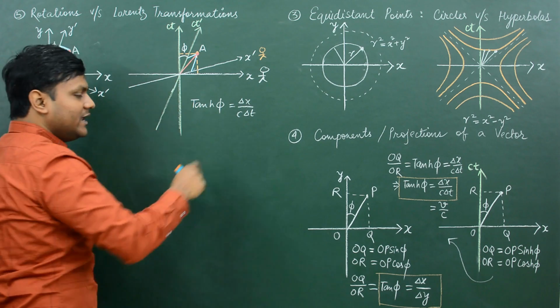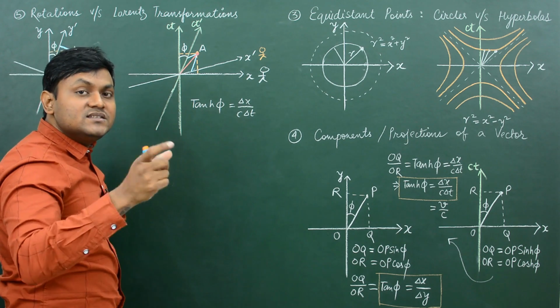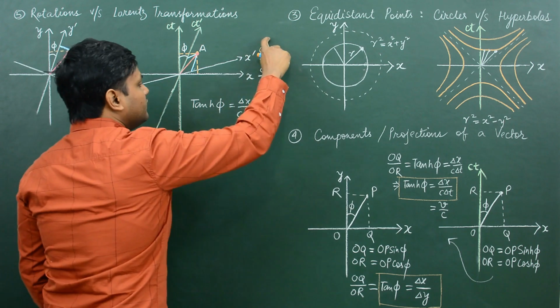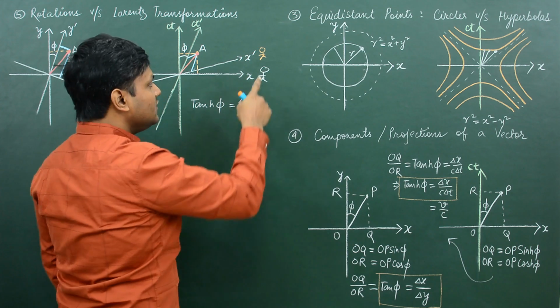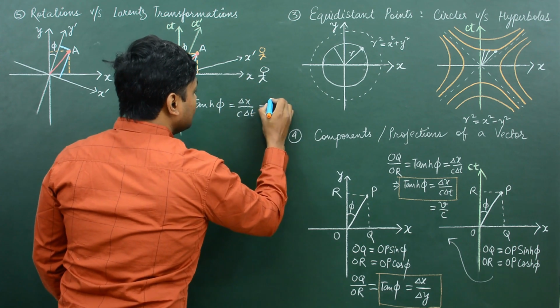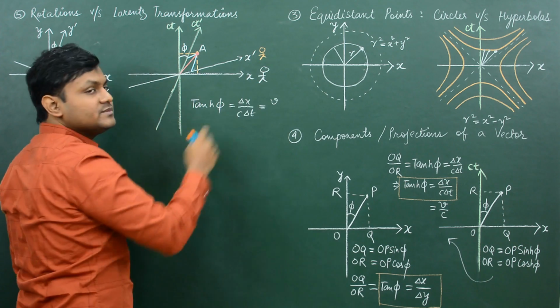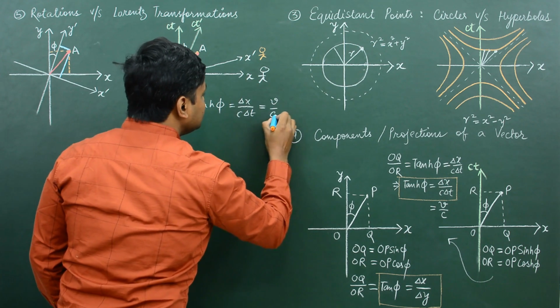What is del x upon del t? Del x is the distance traveled by the second observer in del t with respect to the first observer. So del x upon del t is nothing but the velocity of the second observer with respect to the first observer. So this is v upon c.